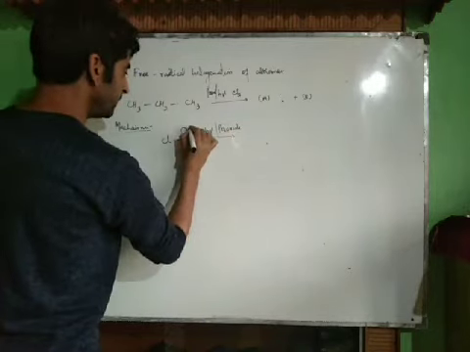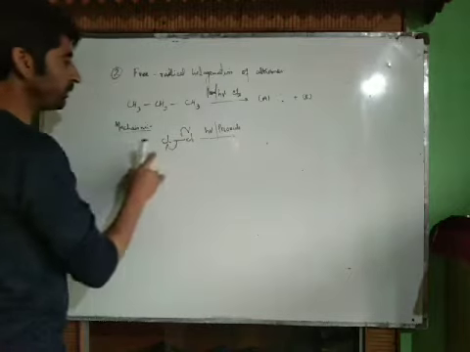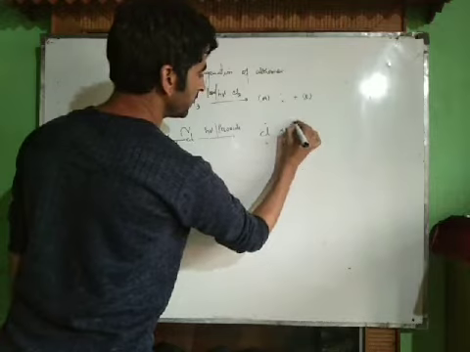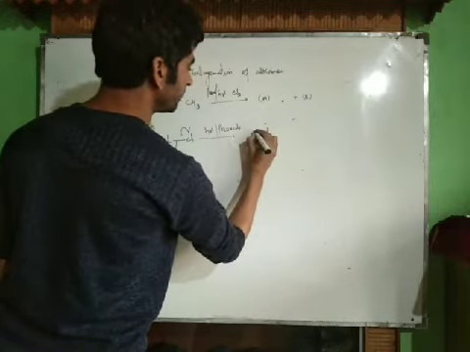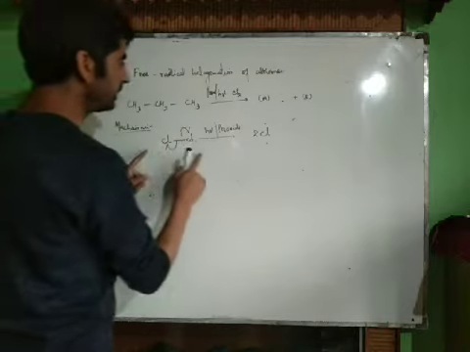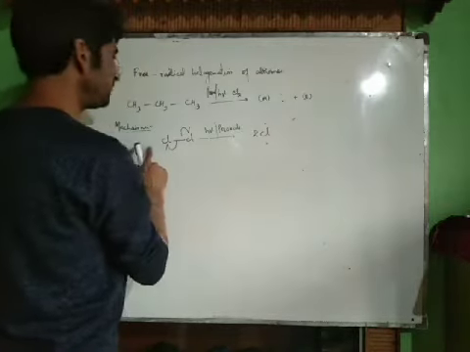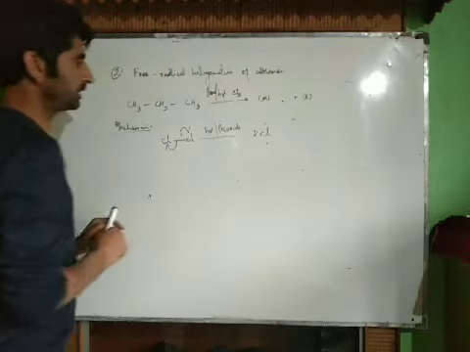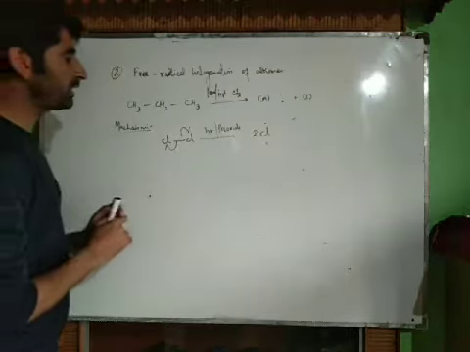It breaks homolytically, so we get Cl radical plus Cl radical, or twice Cl radical. This is called generation of radicals, or the initiation reaction.